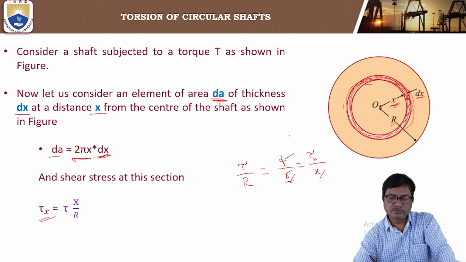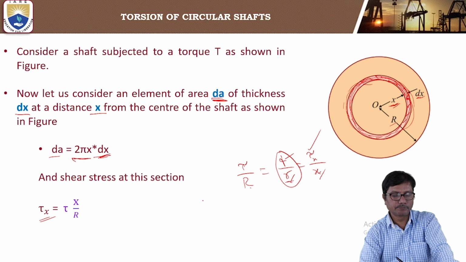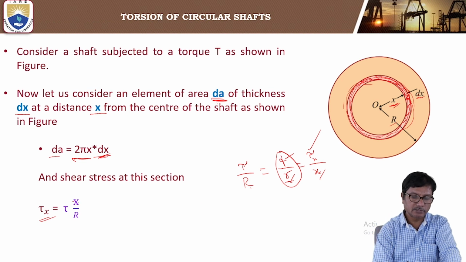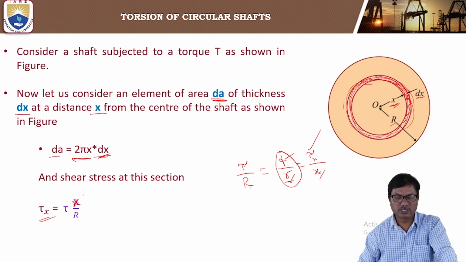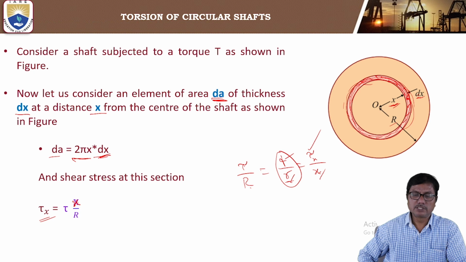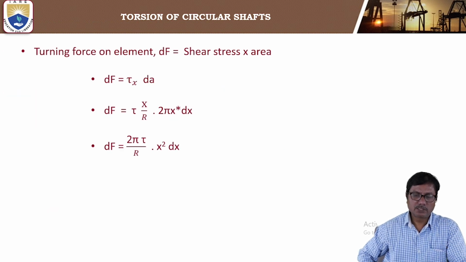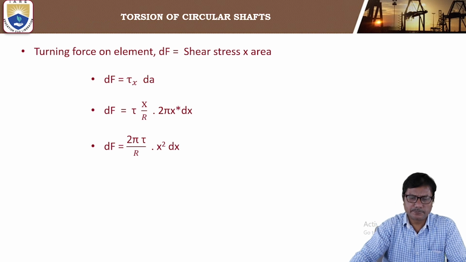So tau x equals tau by R into x, where x is the distance from the center of the shaft. You have this relation for shear stress at any radial distance x.